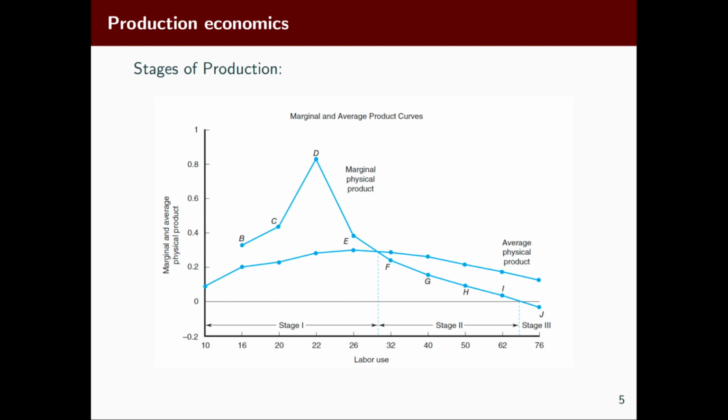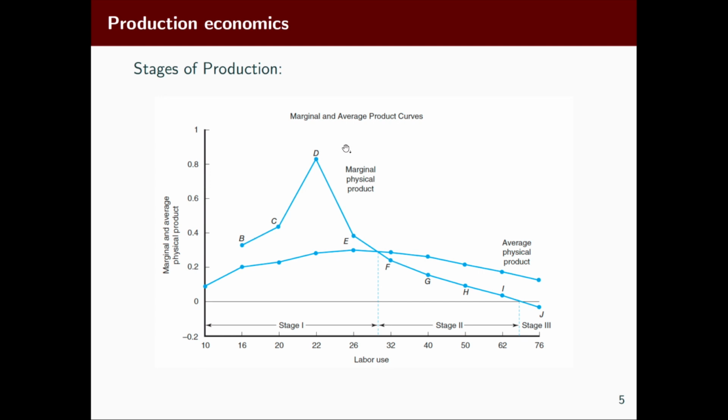So that amount of good that we're producing divided by 20 looks to be about 0.2. That means just on average, a unit of labor use, which is an hour of labor, is producing 0.2 units of a good. So that's all these curves really mean.